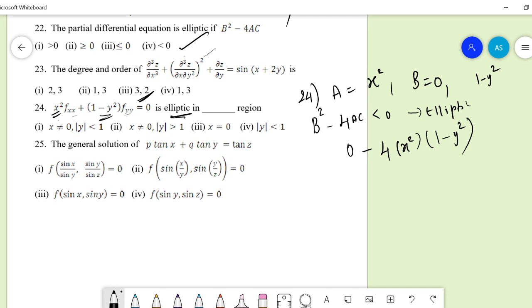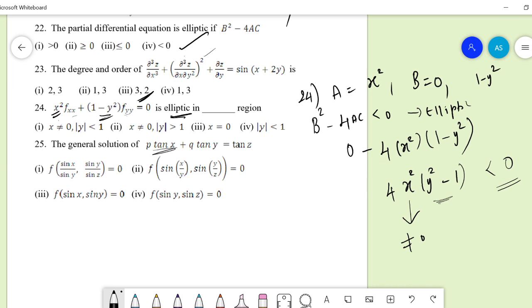Taking minus outside, minus into minus gives plus x square times y square minus 1, but this should be less than 0. First, this should not be 0, and when the modulus of y is less than 1, we get that it is elliptic.